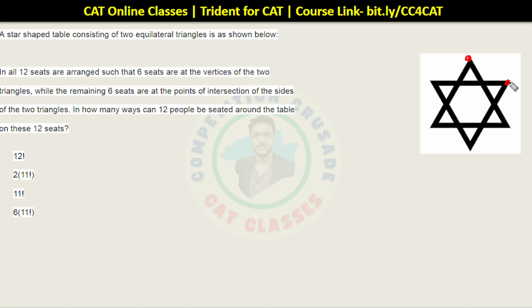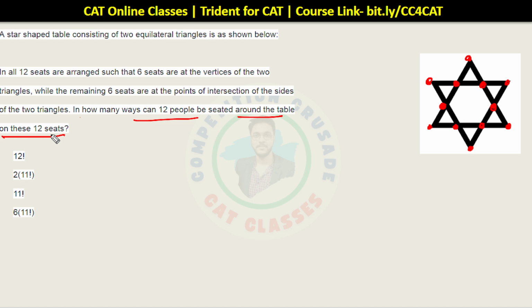So 1, 2, 3, 4, 5, 6, and the remaining 6 seats are at the points of intersection of the sides of the two triangles, which means 1, 2, 3, 4, 5, and 6. Okay, these intersecting points. Okay, what is it that they have asked? They have asked in how many ways 12 people can be seated around the table on those 12 seats.